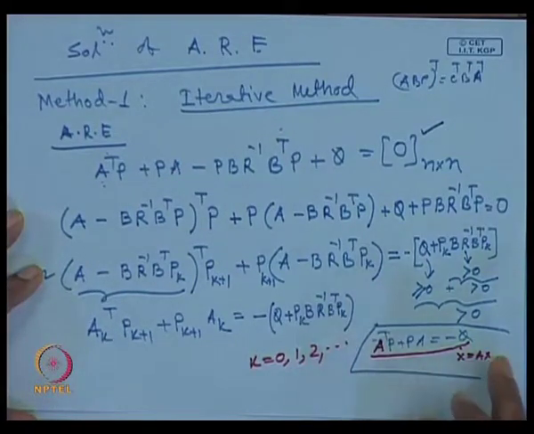This energy function is a positive definite function, and we have to show that for the system A to be stable, V dot, meaning the rate of change of energy, should decrease with time. That condition is A transpose P plus P A is equal to minus Q. So, this is called a Lyapunov type equation when we study the stability of autonomous systems.